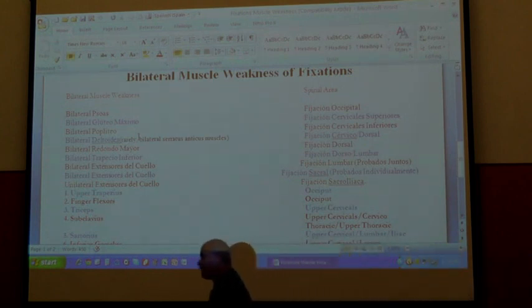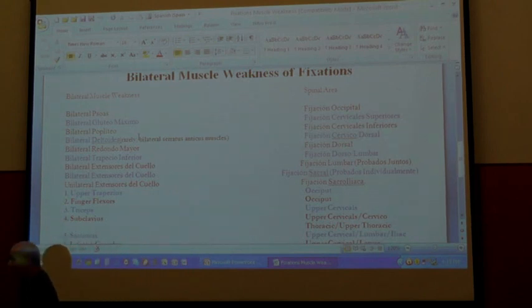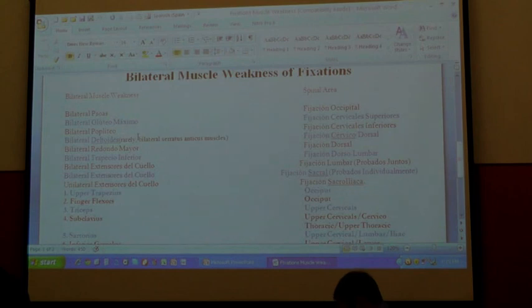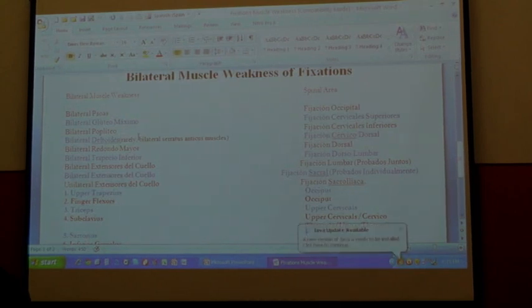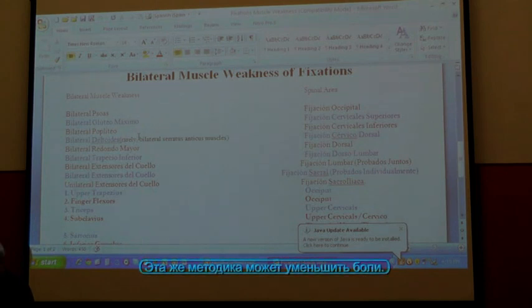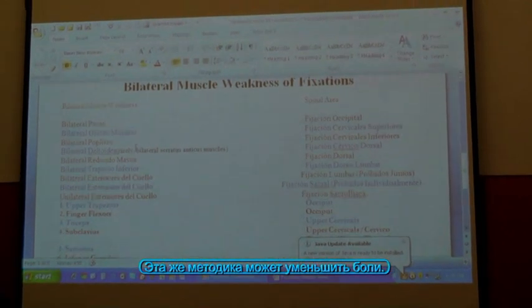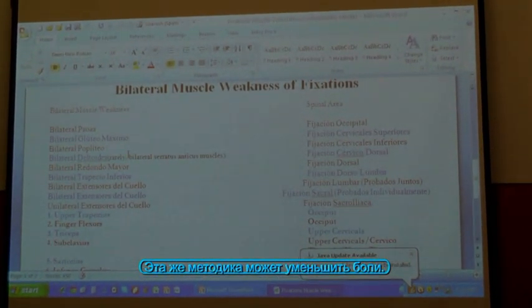Those pains associated with disc hernias, flexion, extension, side bending, rotations, can pain be relieved by the PDTR method? Yeah, thank you.